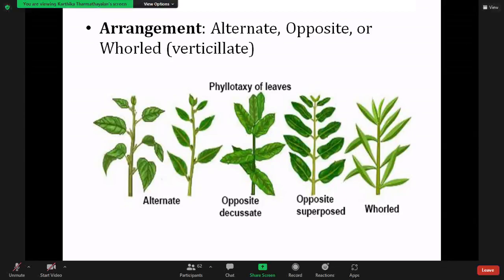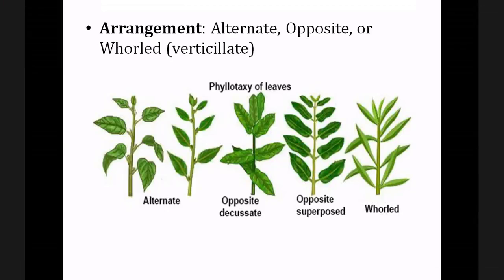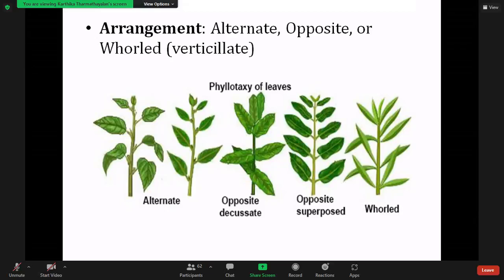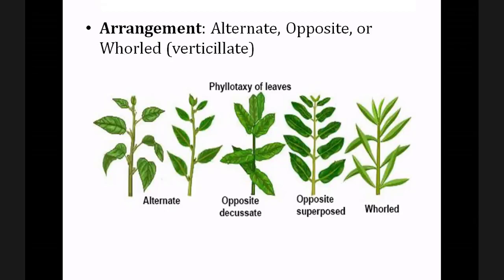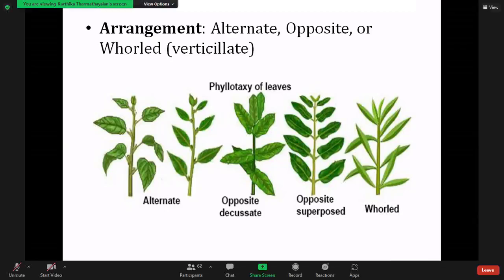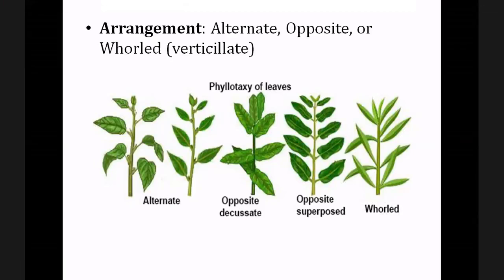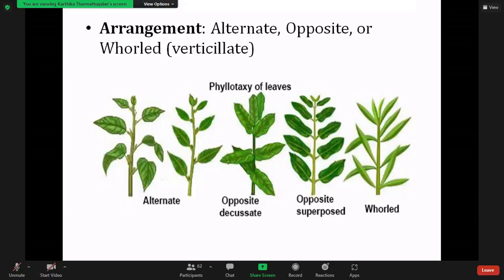Under the opposite leaf arrangement, there are two types: opposite decussate and opposite superposed. Opposite decussate means these opposite leaves are attached at right angle to the adjacent pair.